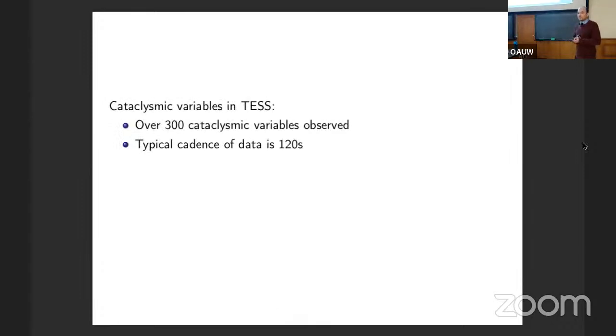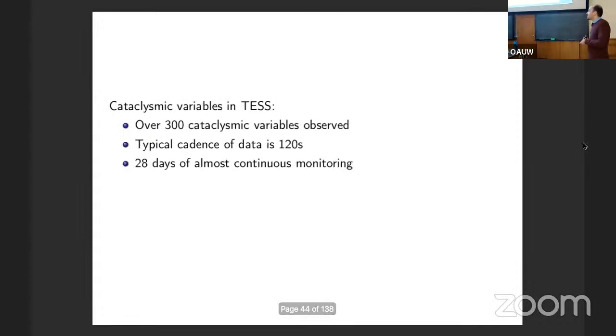And TESS is very nice to study cataclysmic variables because the cadence of data is about 2 minutes for most of the objects, and sometimes we even have a cadence of 20 seconds. And typically, one object is observed for 28 days, almost continuously, and the orbital periods of cataclysmic variables are less than 1 day.